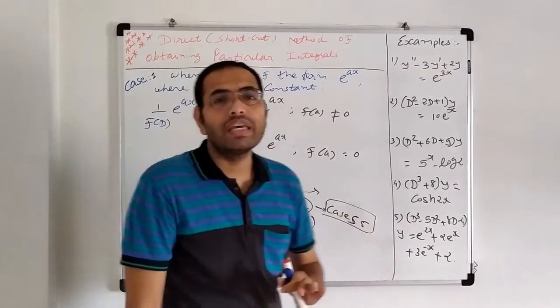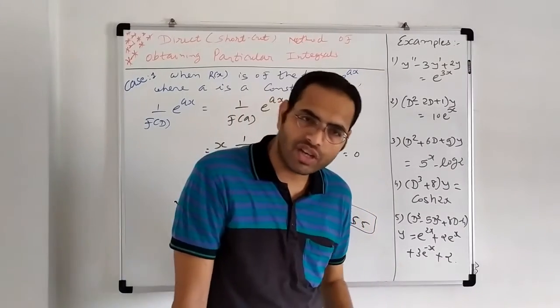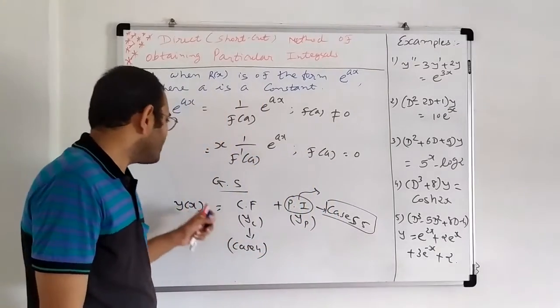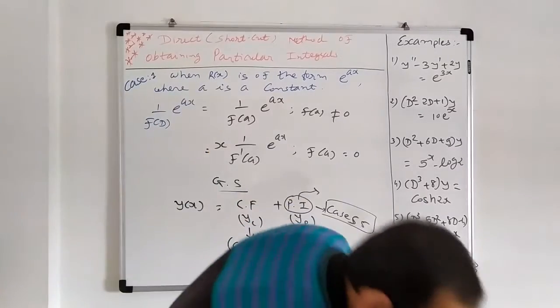In short, in each and every example we find the complementary function and particular integral, and the summation of these gives the general solution. Let us start with case 1.